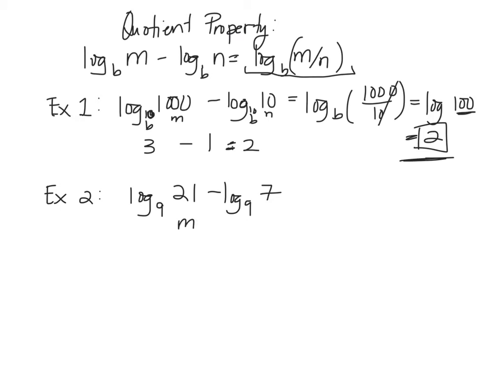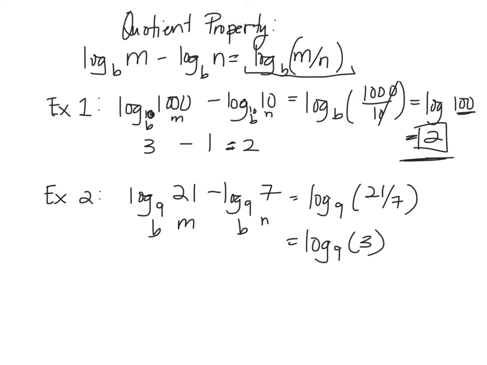All right, and then the second problem: our m is 21 here, our n is 7, and our base is 9 for both. Again, if the bases are not the same, I can't use any property. So this becomes log base 9 of 21 over 7, which is log base 9 of 3.